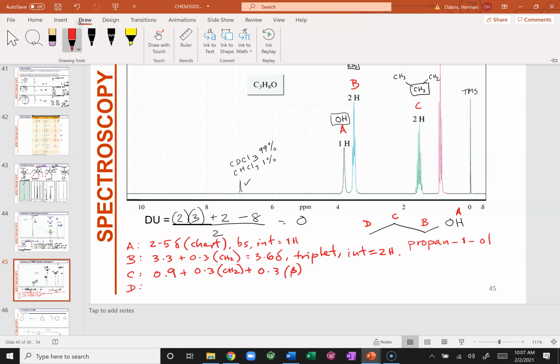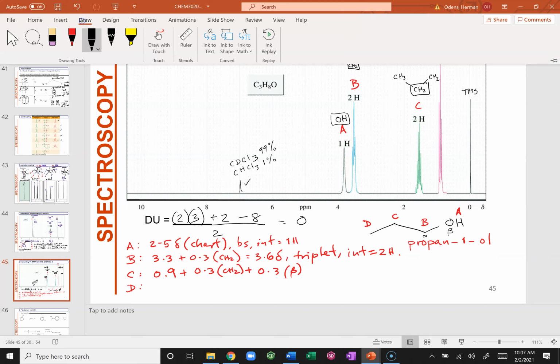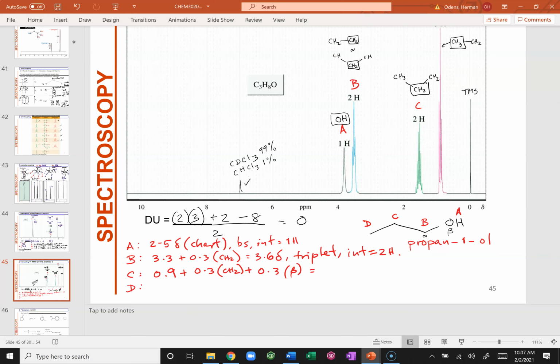In other words, we have alpha, beta with respect to C. All right? And then that's a total of what? 1.5 ppm. We have a sextet that integrates for 2 hydrogens.